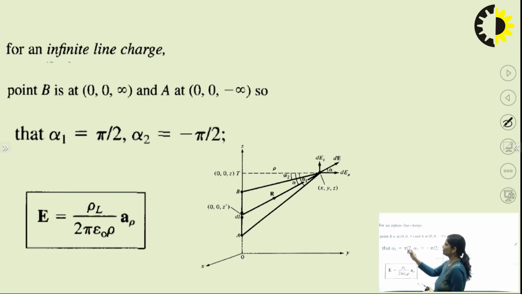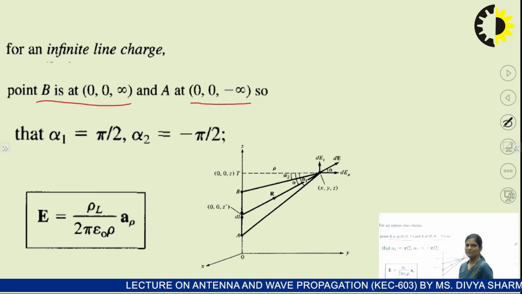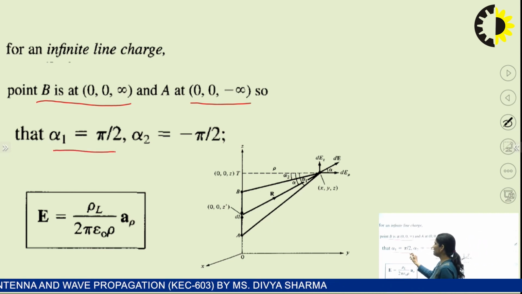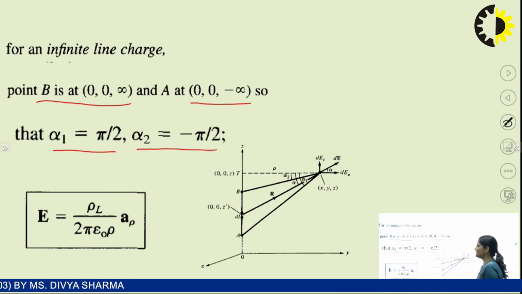Now for an infinite line charge, point B's coordinates are 0, 0, infinity and A's coordinates are 0, 0, minus infinity, such that alpha 1 is equal to pi by 2 and alpha 2 is equal to minus pi by 2.